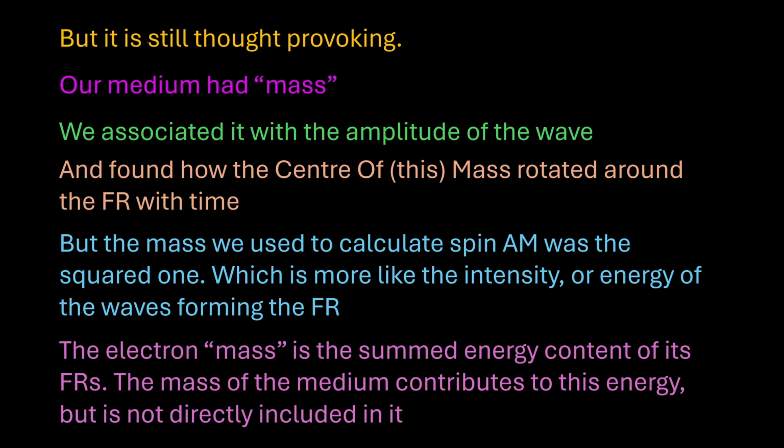We sort of ignore the mass of the medium as contributing to the mass of the particle. It only counts in as much as it is involved in the energy intensity of the FR. But we don't ignore it in calculating the spin angular momentum.